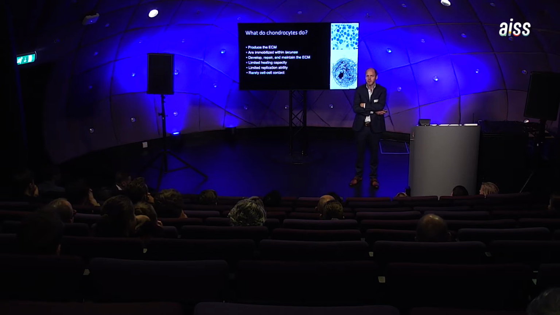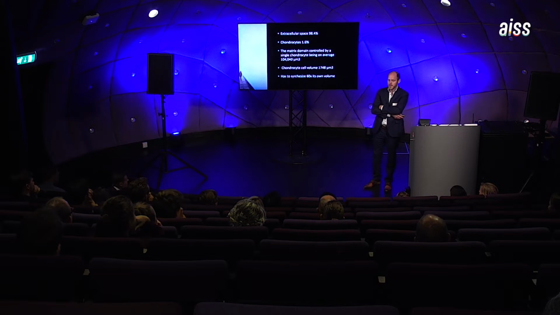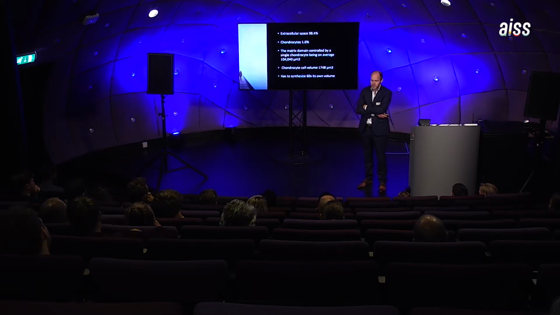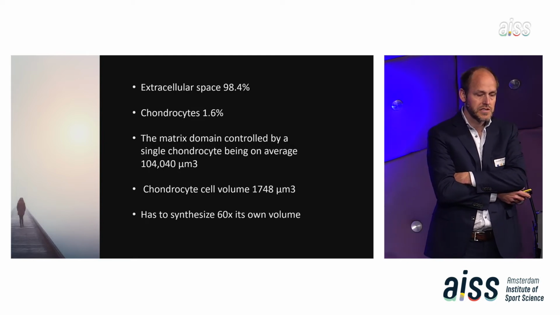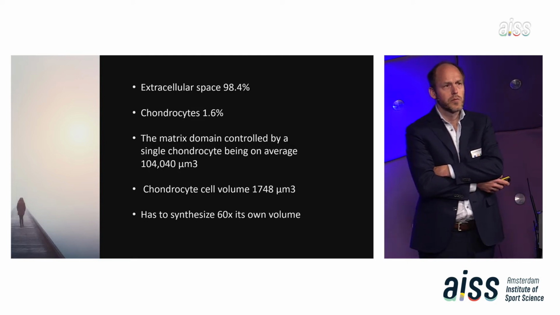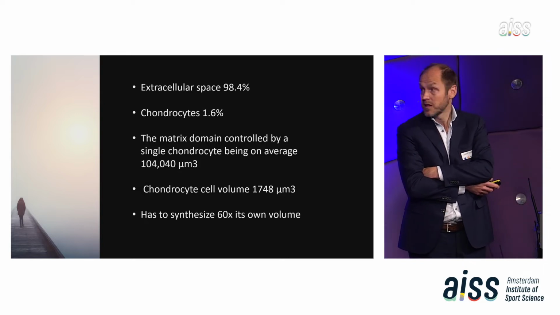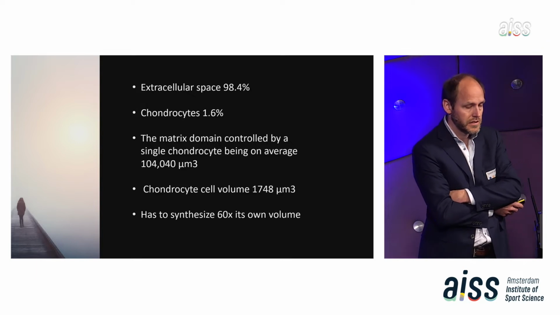Less? It's about 1 to 5%, about 1.6%. So they're really lonely, and they have to synthesize a lot of volume of extracellular matrix on their own. You can say it's barely alive, cartilage, which makes it a unique sort of tissue.